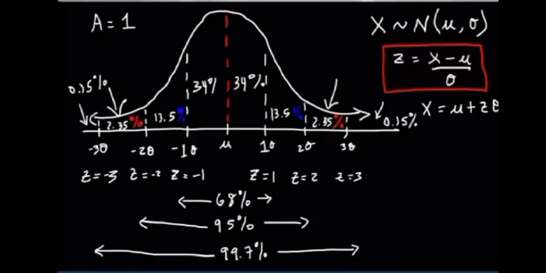And then for 3 standard deviations, 99.7%, minus 100, divided by 2 is 0.15%. And then z equals x minus mu divided by standard deviation; that is the formula for computing.